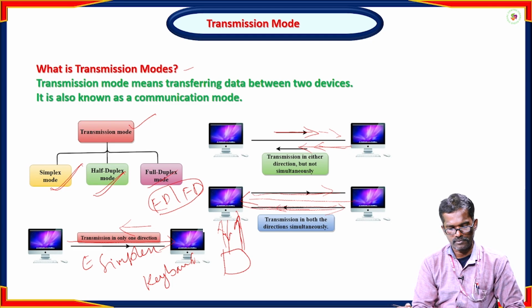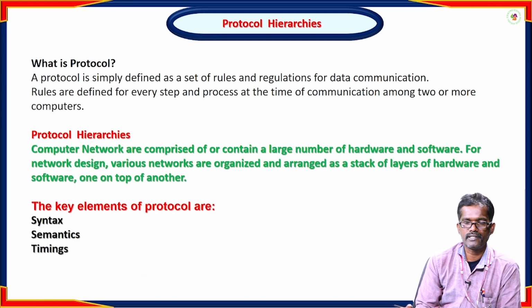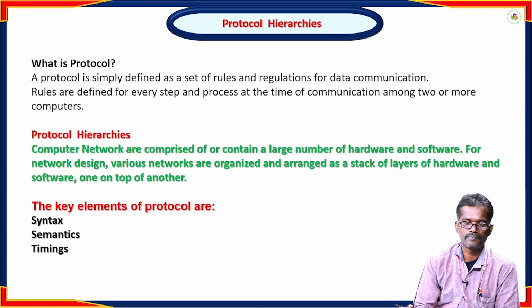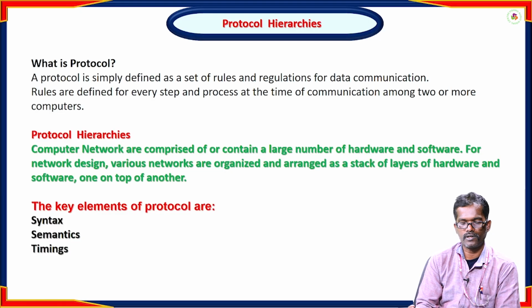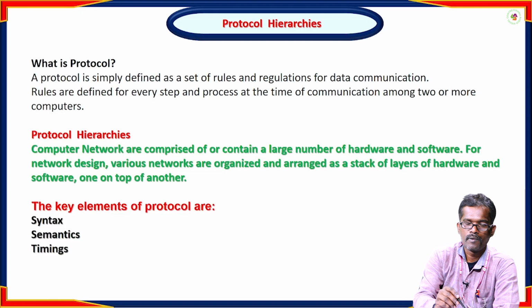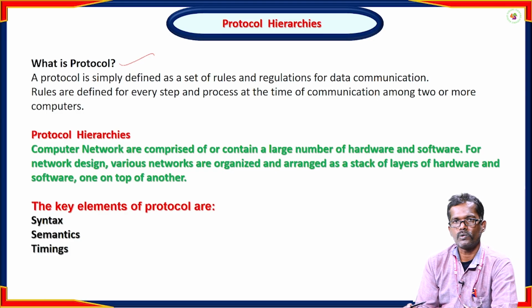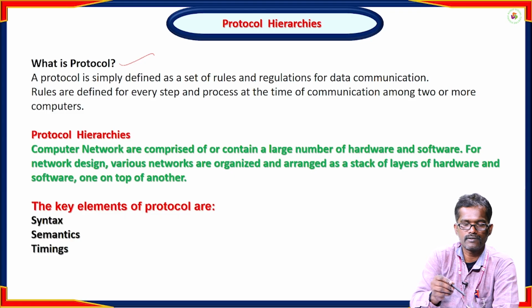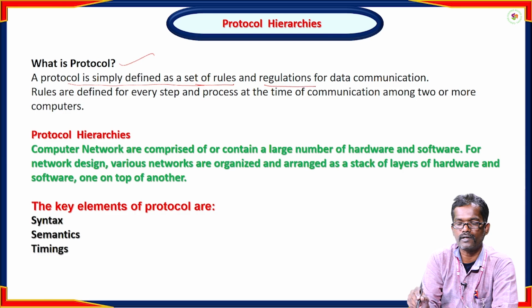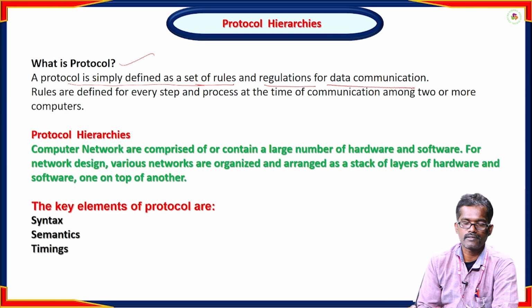These are the different types of transmission modes. And then we will see the protocol hierarchies. Here we will see what is meant by a protocol, what is meant by protocol hierarchies, and what the key elements of a protocol are. Protocol, what is a protocol? Simply we can say it is a set of rules for data communications. A protocol is defined as a set of rules and regulations for data communications.